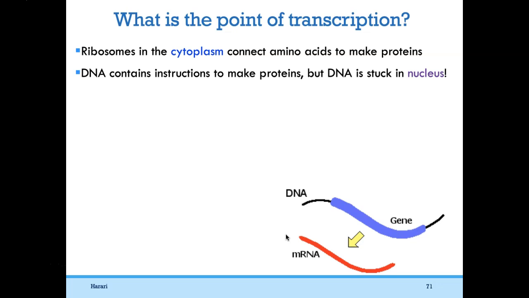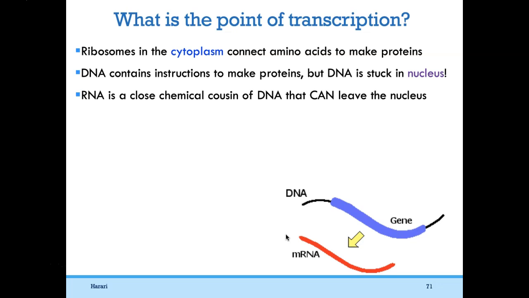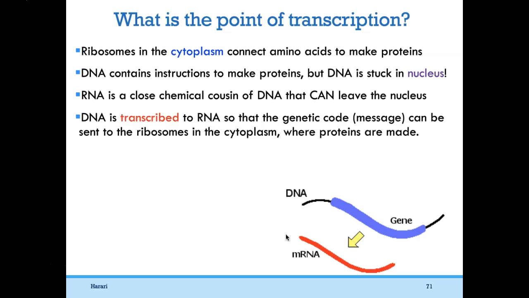DNA cannot leave the nucleus. However, RNA is a close chemical cousin of DNA that can leave the nucleus. So it can almost act like a messenger between the DNA in the nucleus and the ribosomes in the cytoplasm. So what happens is DNA gets transcribed, gets rewritten into RNA so that the genetic message can be sent to the ribosomes in the cytoplasm. And therefore, the proteins can be made using the instructions originally contained in the DNA.